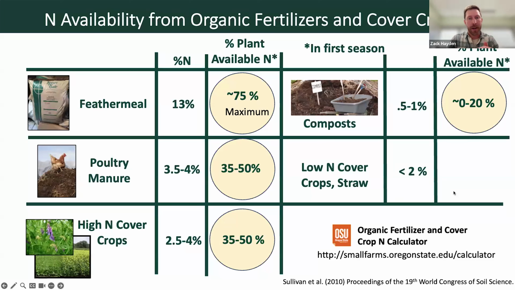So much lower availability. And then finally, we'll mention, if you have low-end cover crops like stemmy rye or straw, things that have very low nitrogen compared to the amount of carbon, that's where you can expect to not get much of that nitrogen back in the first season or even have it tie up nitrogen.